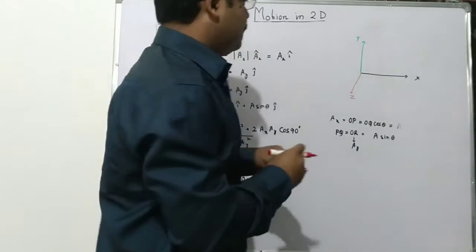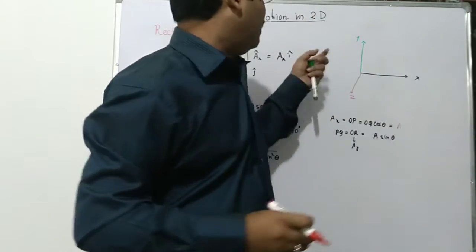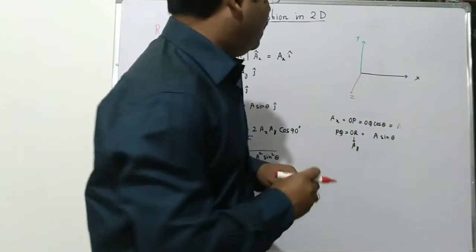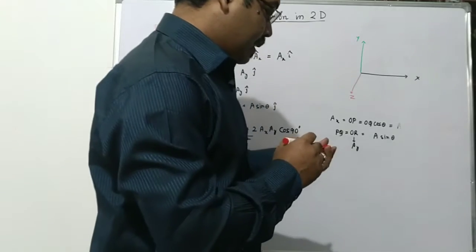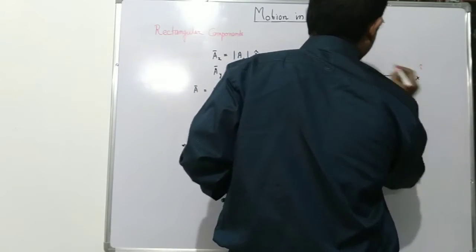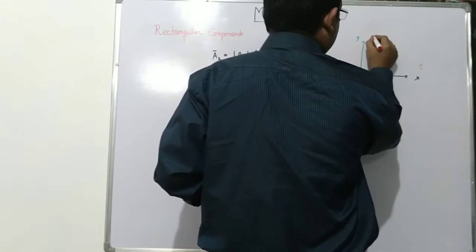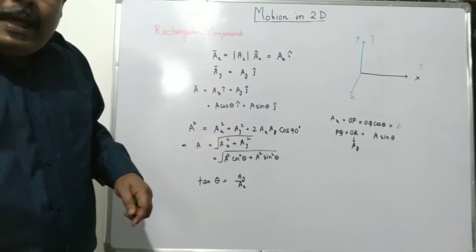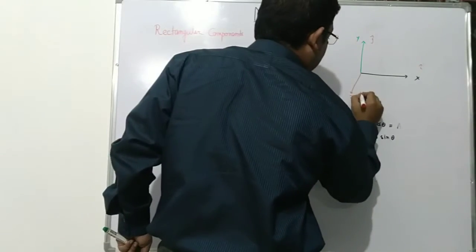Please remember this is supposed to be perpendicularly out, but we have a two-dimensional plane, so we cannot draw that. So we have drawn it here. Now we have already seen that the unit vector along the x-axis is given by I cap, along the y-axis is J cap, and the unit vector along the z-axis will be given by K cap.